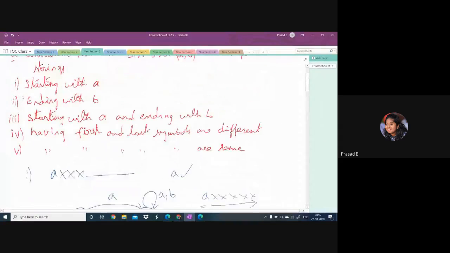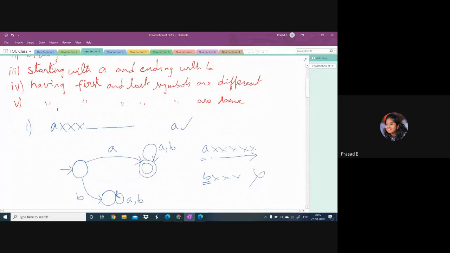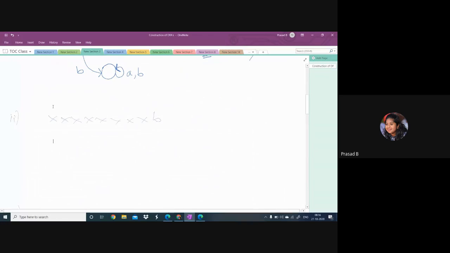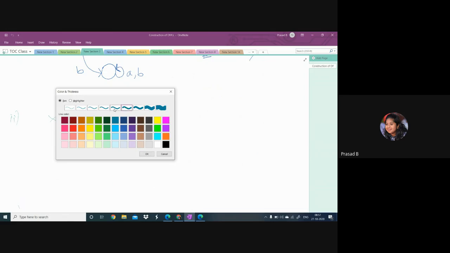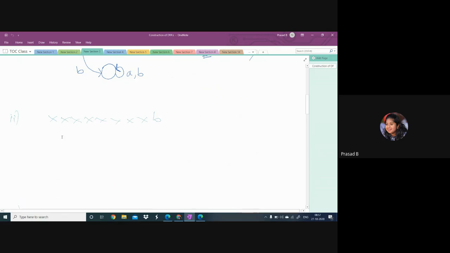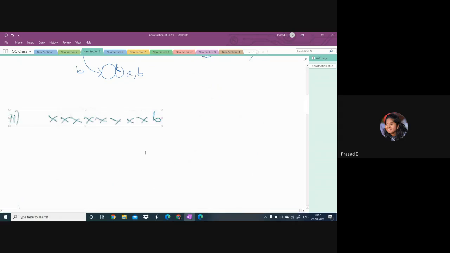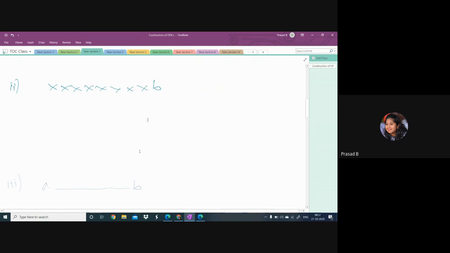Ending with B. Second question, ending with B. Ending with B means the last symbol must be B. So what is the smallest string?